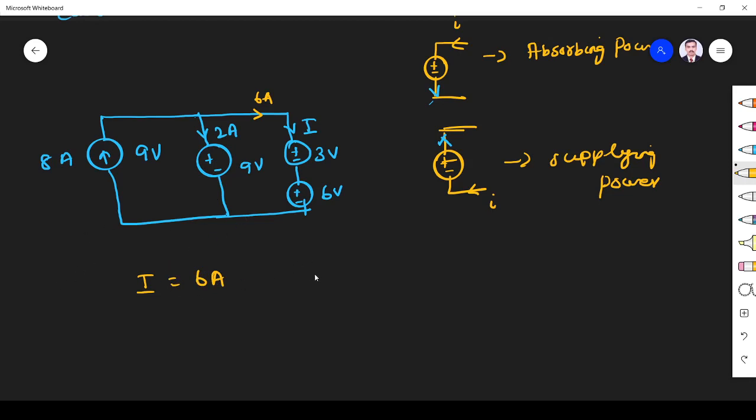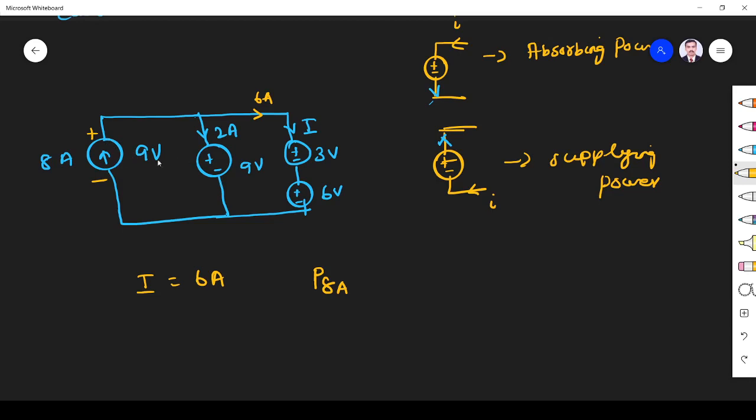Then we have to find the power. Power supplied by the 8 ampere source. The terminal voltage I didn't give, please note down, it is 9 volt. So current goes out of the positive terminal, so it is supplying power.